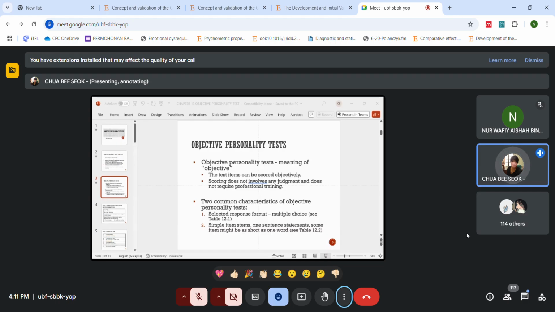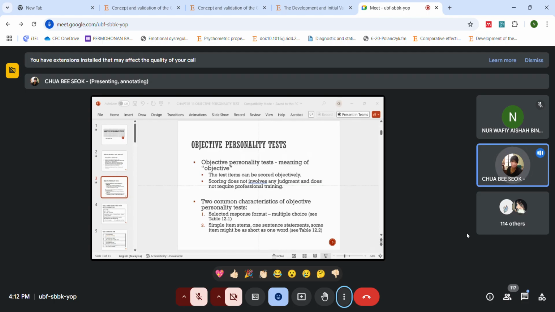So there are two characteristics: one is the selected response format or multiple choice item format, and the other is that the item or statement is normally very simple. We call that the item stem. A simple item stem is normally only a one-sentence statement, or some personality tests even use only one word to measure a personality characteristic or trait.